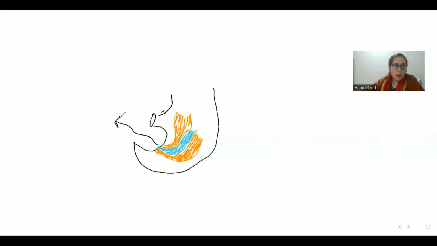This here is the perineal body. It is a supporting structure present in the perineum, placed between the urethral opening anteriorly and the anal opening posteriorly. So I'm going to label this as the anal opening, and anteriorly this here is the urethral opening.